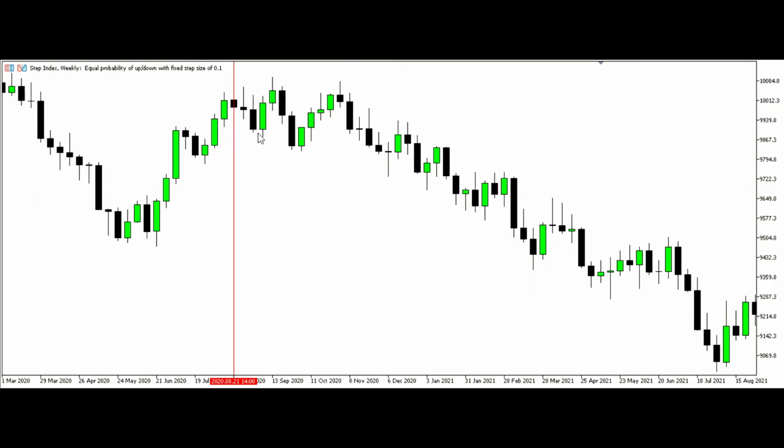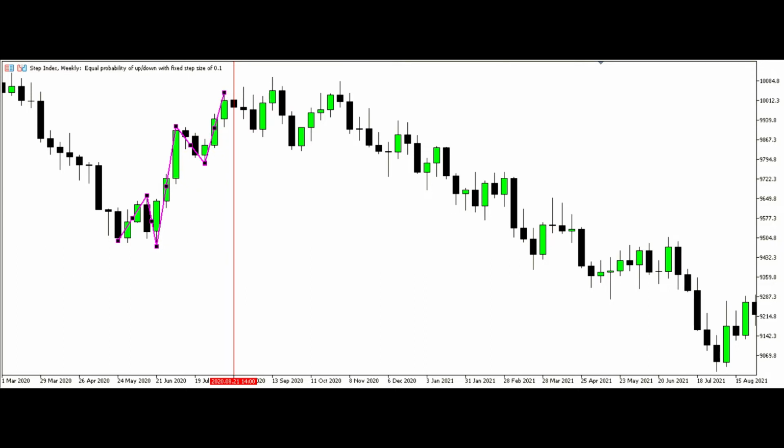This is on a weekly time frame, so let me quickly put my drawings so that you can see exactly what I'm trying to depict here. Price began from this point, and then it began moving higher. It came to this point, and then came down, and then it swung up higher to this point.